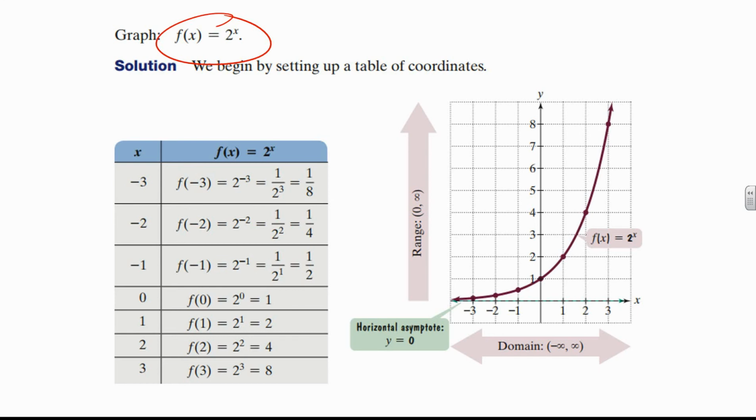You can probably get away with plotting 4 or 5 of those points. We won't do too much graphing in chapter 3, so you'll be thankful for that, right? But that's just the basic graph there for 2 to the x. If it's 3 to the x or 5 to the x, they're all going to still have this basic shape.